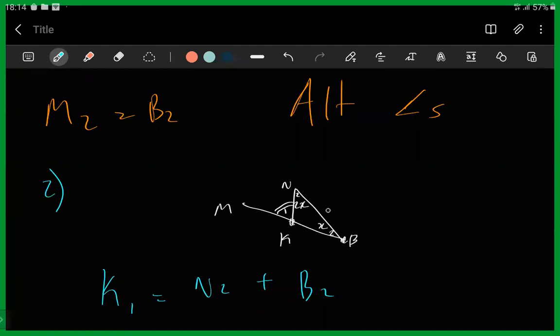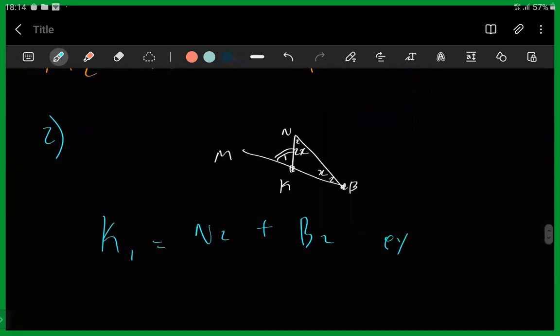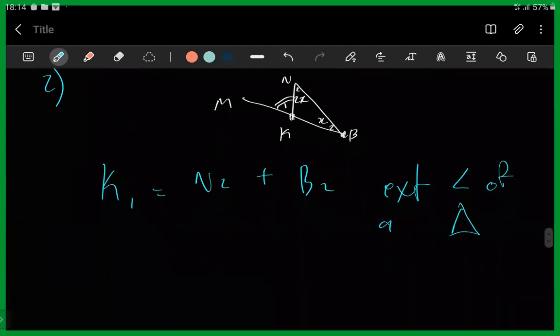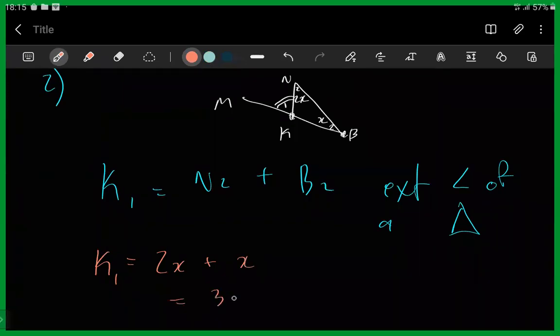The reason: exterior angle of a triangle. So K1 is equal to 2x plus x, which is going to be 3x. There you go.